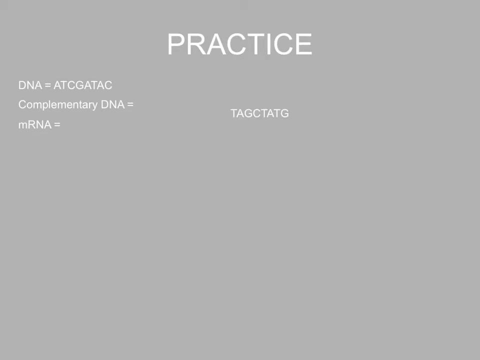So our complementary DNA should have been TAG, CT, ATG, and our messenger RNA very similar, except everywhere we had a T, we're just going to put in a U. So UAG, CUA, UG. And then just one more practice. Come up with the complementary DNA and the messenger RNA strand.